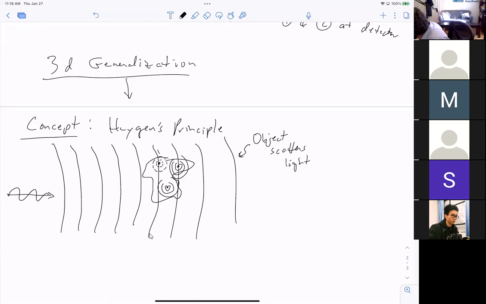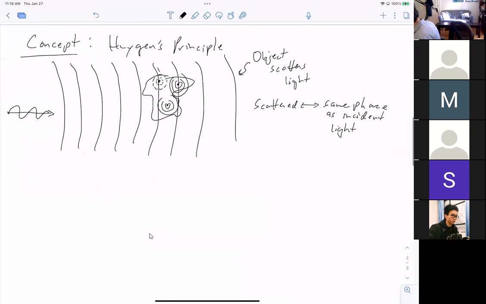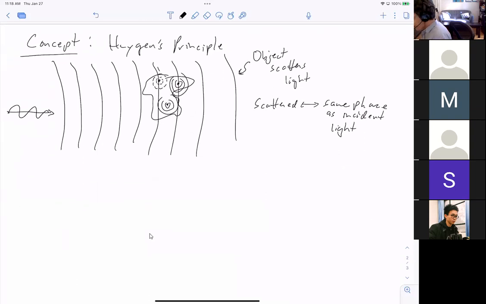So scattered light has the same phase as incident light. That's a very important concept, and hopefully you've heard it somewhere before. That's Huygens' Principle. So now let's use this to understand diffraction for a periodic crystal.